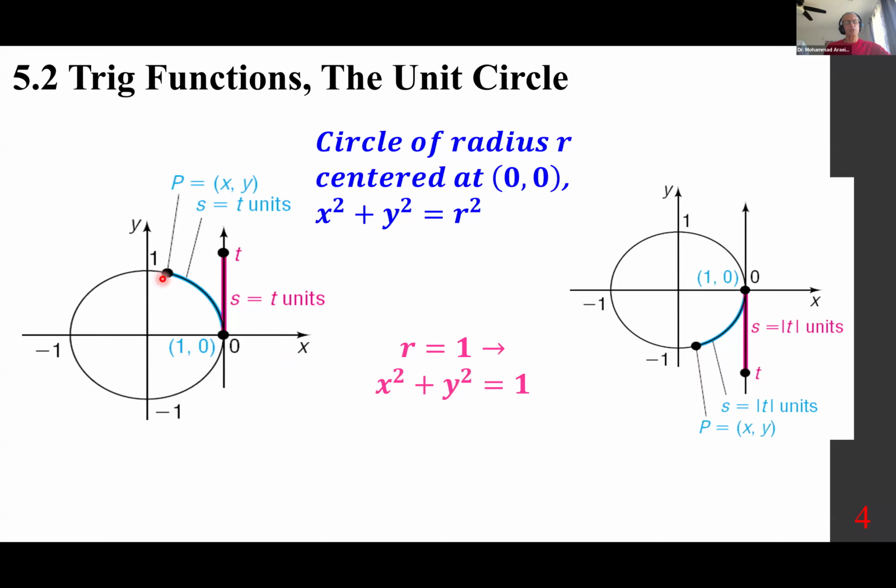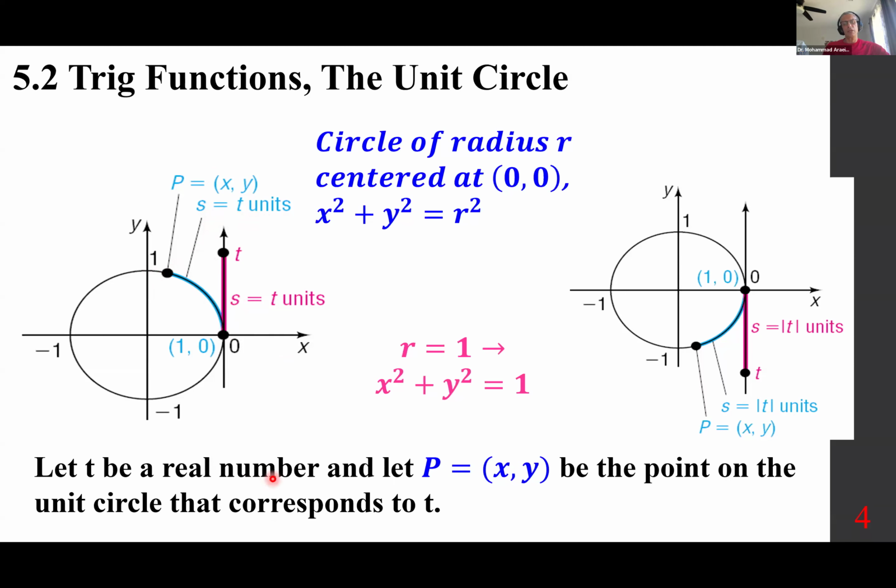P is a point with coordinates x comma y. S is the arc of t units. Let t be a real number and let P equals (x, y) be the point on the unit circle that corresponds to t.